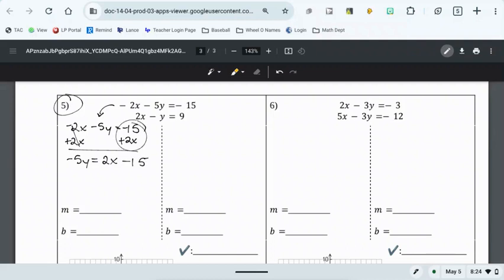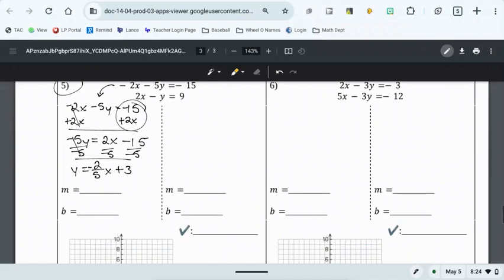They're not like terms, and we want it in y equals mx plus b form, so the 2x is going to go ahead of the minus 15. Then we divide by negative 5 to fully isolate our y variable, and we get negative 2/5 x plus 3. So our slope is negative 2/5, and our y-intercept is 0, 3.